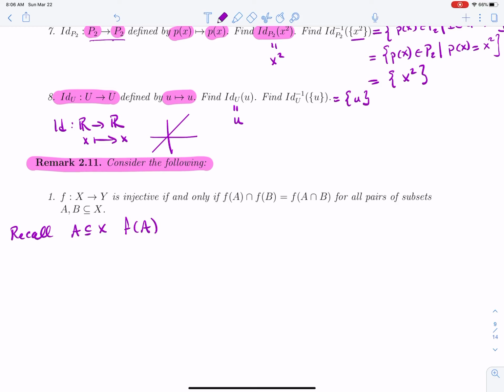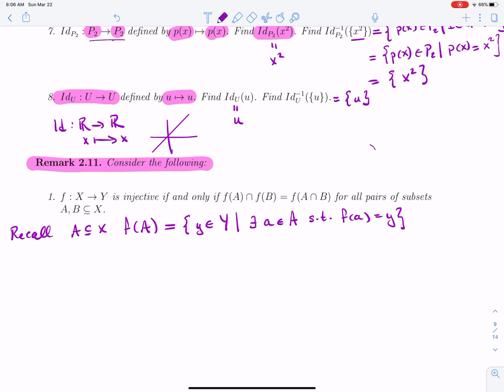Because A is a subset, and the function takes elements to elements, this notation means the set of all y contained in the codomain such that there exists a little a sitting inside of my subset A such that f(a) is equal to y.